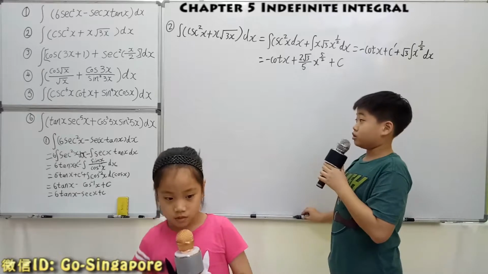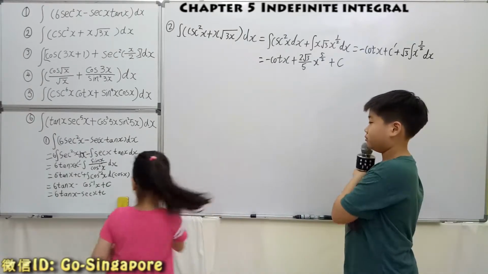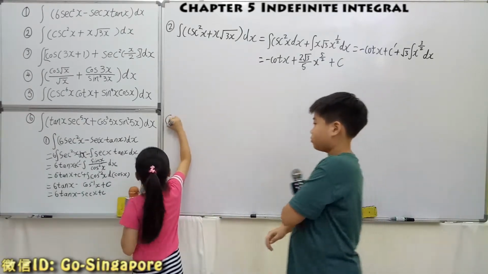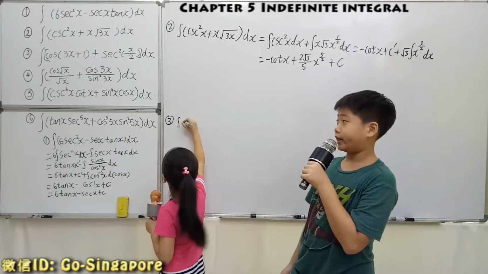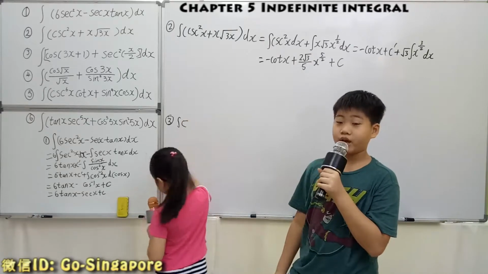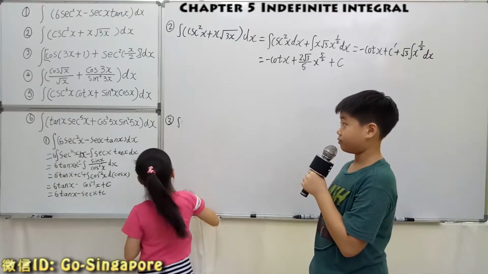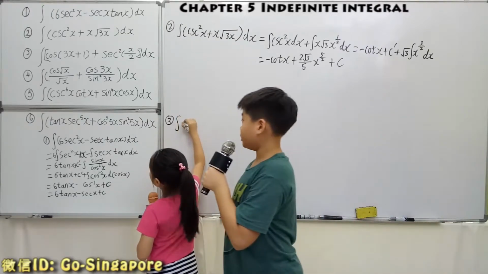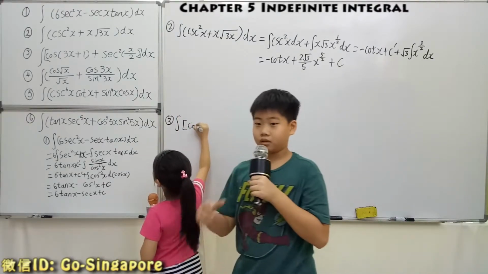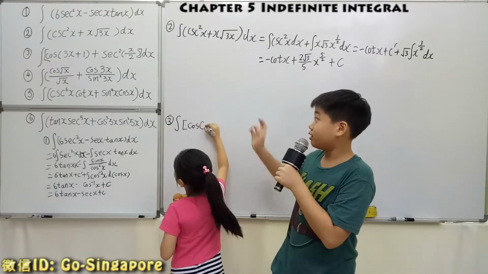Okay. Next, on to the third question. The third question is the integral of bracket cosine bracket 3x plus 1 bracket plus secant square bracket x over 2 bracket, the square bracket.